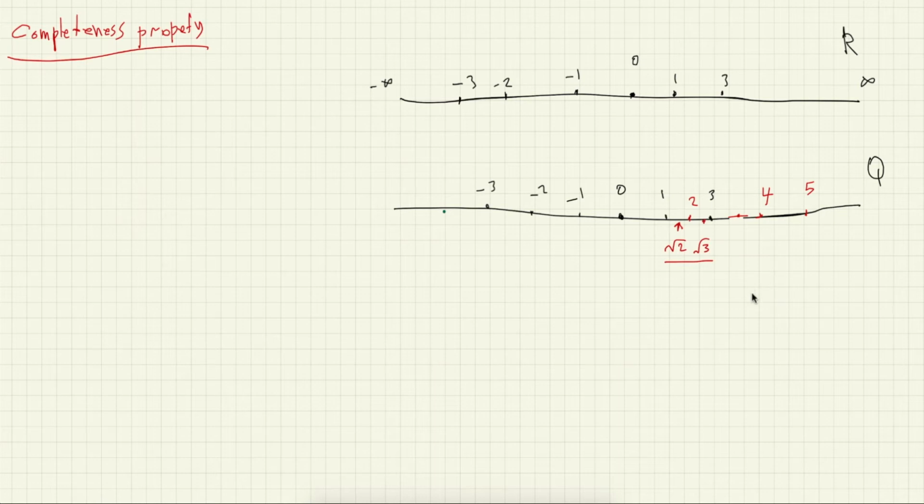If we fill these gaps in the rational numbers by making the union of Q, the rationals, with the irrational numbers, the result will be the real numbers. Okay? So now we have another property, the completeness property. First, that means R has no gaps.